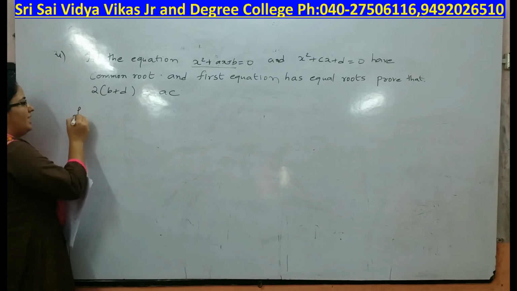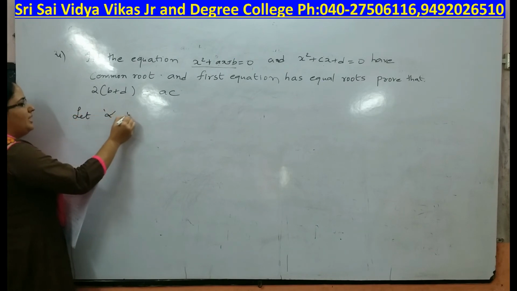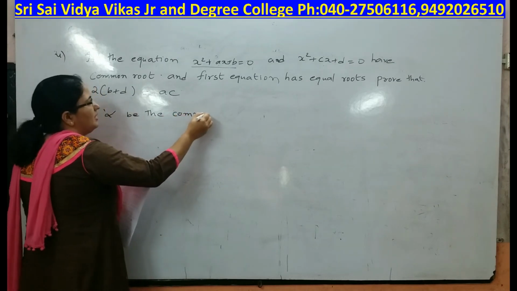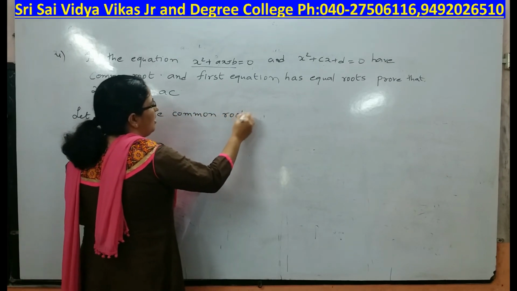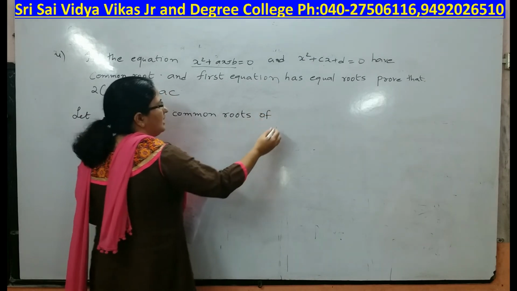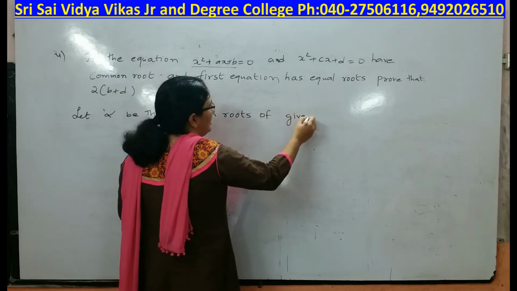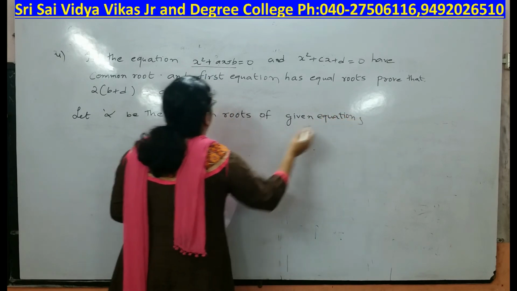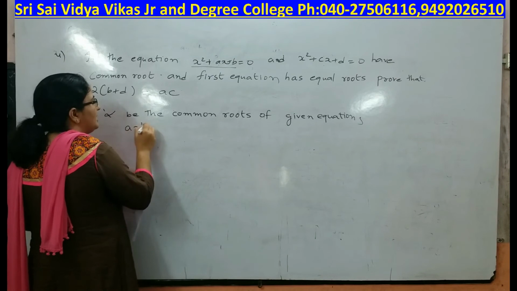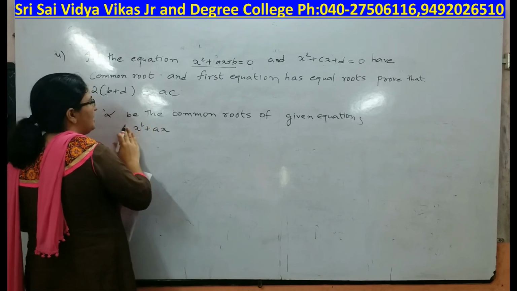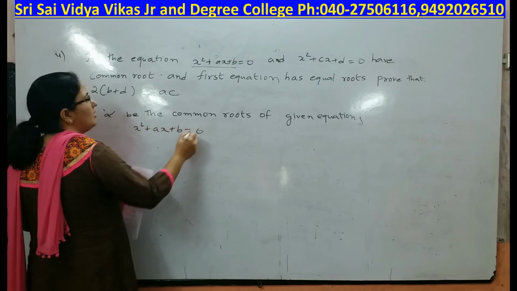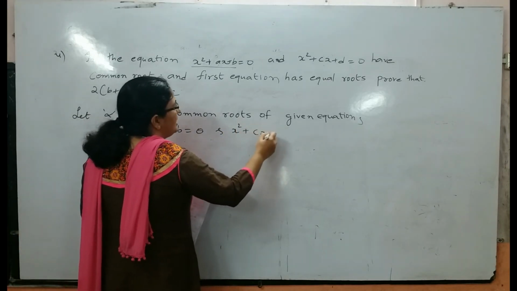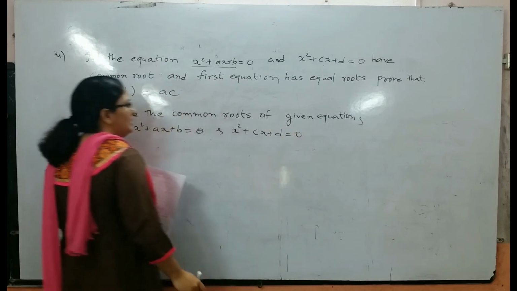Now let alpha be the common root of the given equations x square plus ax plus b is equal to 0 and x square plus cx plus d is equal to 0.